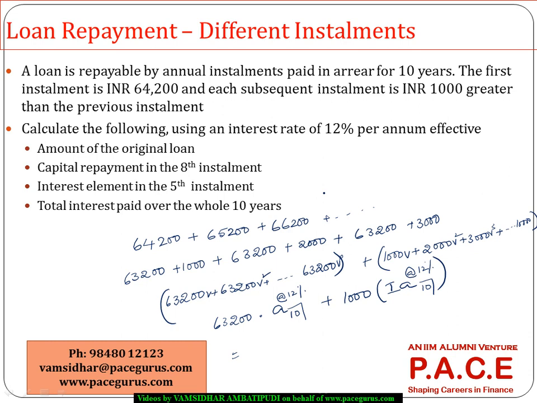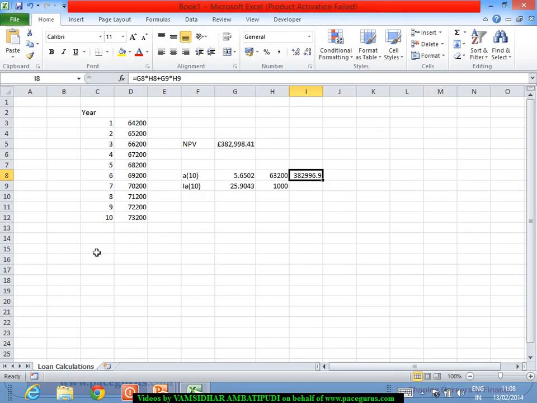Now, the next thing I want is, what is the capital repayment in the 8th installment? Now let me first look at it system wise, and then we'll look at it manually. Capital repayment, right? 8th installment.